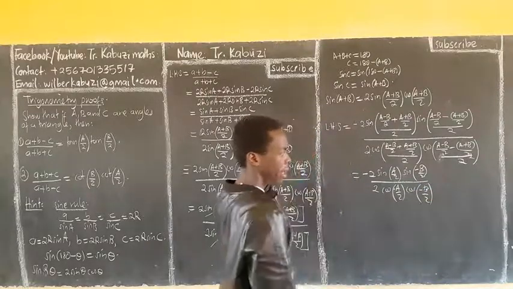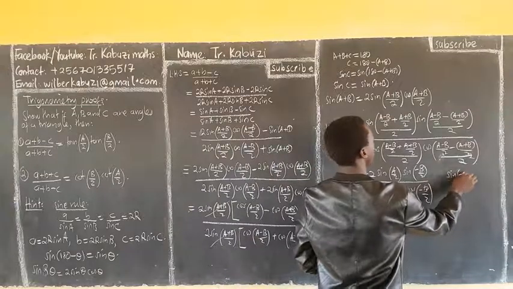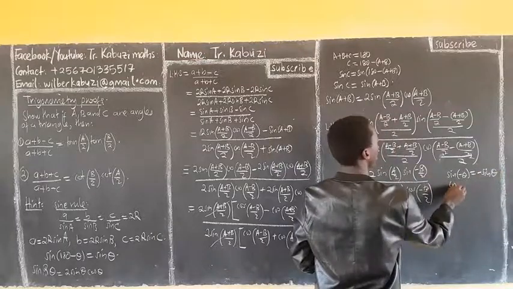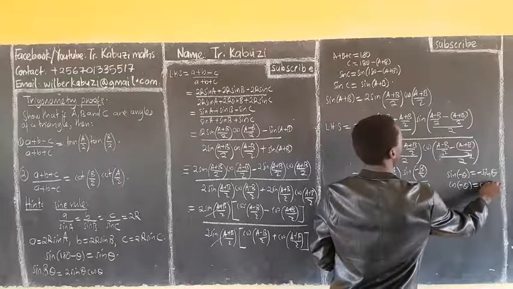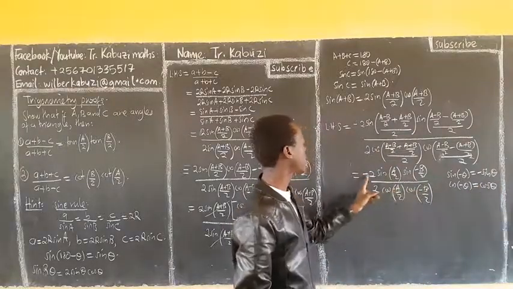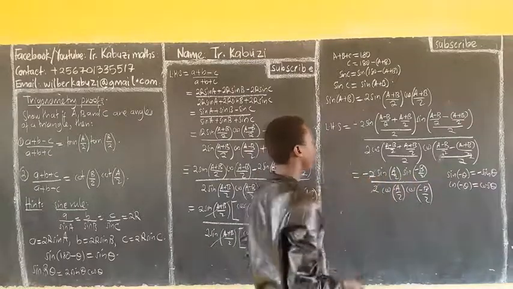But you know that in trig, always sine of negative theta is the same as negative sine of theta, and cos of a negative theta is the same as cos of a positive theta. So meaning that now when this negative comes out, it's going to cancel that. So this 2 will go. So this negative and this negative are going to vanish.